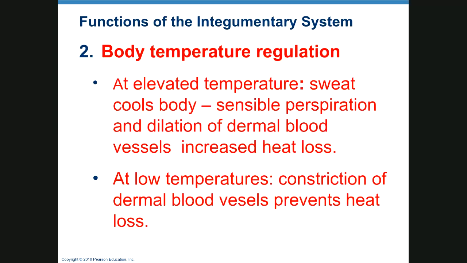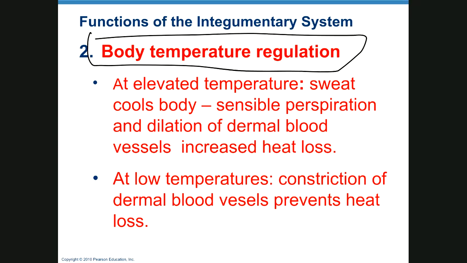The second function we have talked about in chapter 1 a lot is thermoregulation, regulation of body temperature. Sweat is going to cool us off under hyperthermia. Under low temperatures, the blood vessels in the skin are going to constrict, preventing excessive heat loss. When the temperature is high, the blood vessels of the skin dilate to release heat.